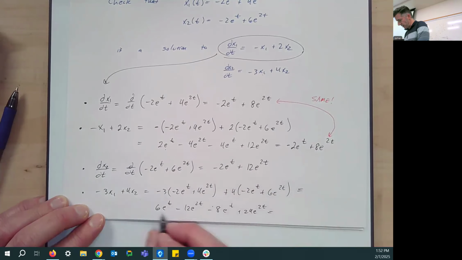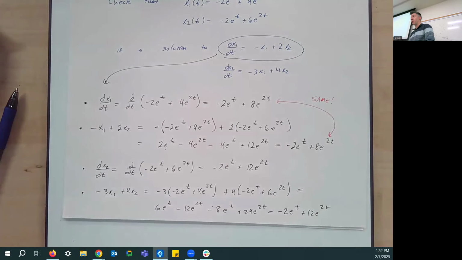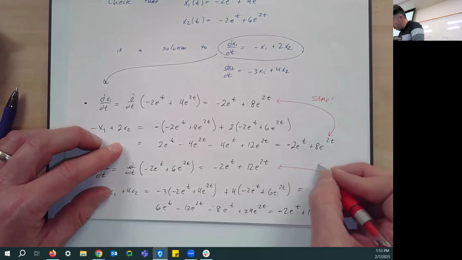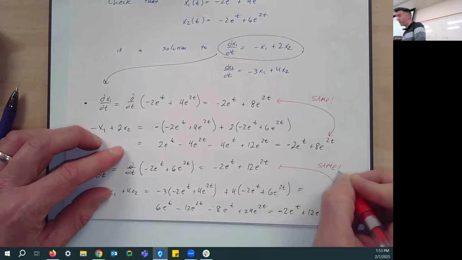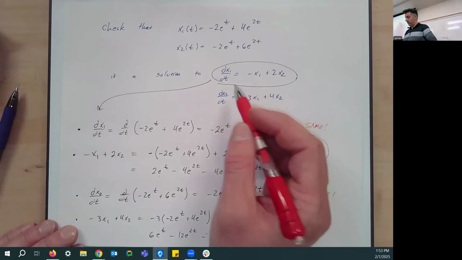And simplifying, 6 minus 8 is negative 2 e to the t, and negative 12 plus 24 is 12 e to the 2t. And again, we see that they are in fact the same. So that actually shows that the x1 and x2 that we found are actually solutions to this system of differential equations.